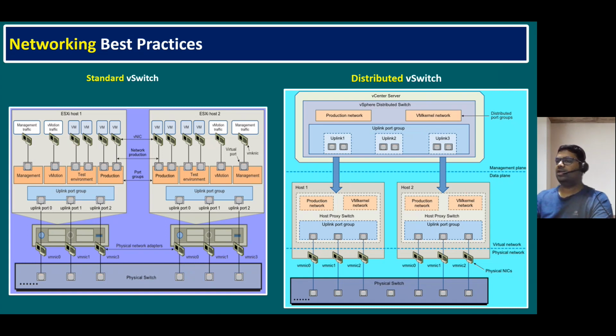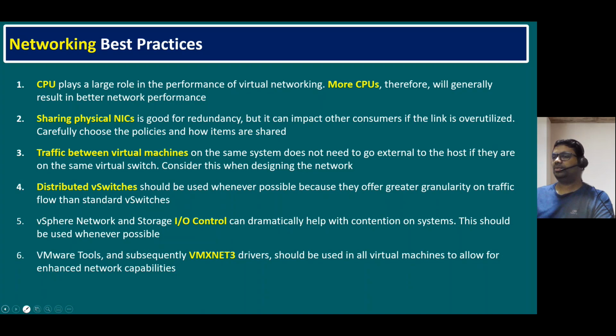And coming to the networking best practices. CPU plays a large role in the performance of virtual networking. Sometimes a customer may complain they have a network performance issue. At that time we need to validate whether that virtual machine has more vCPUs or not.